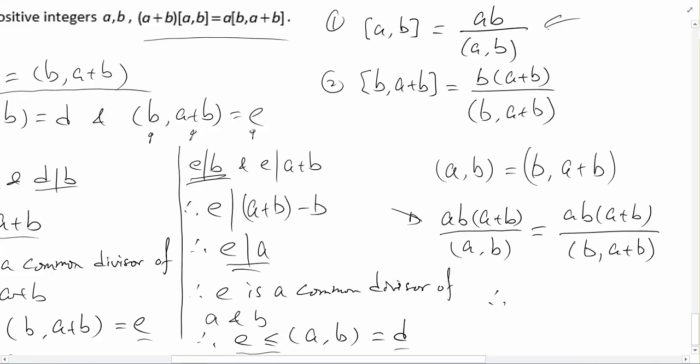If we put the least common multiple of a and b back to this equation, we have a times b times the least common multiple of a and b.